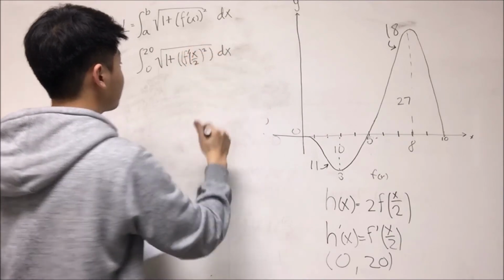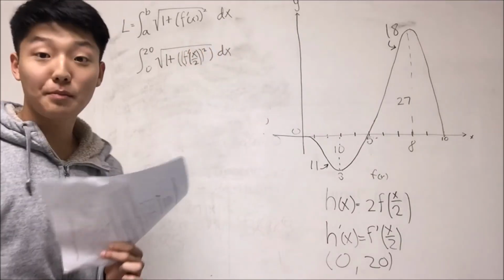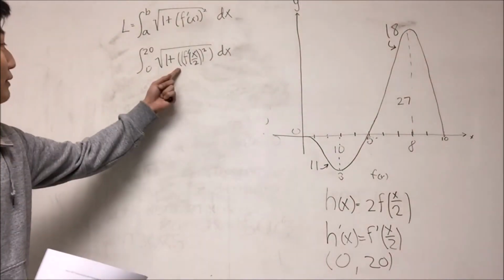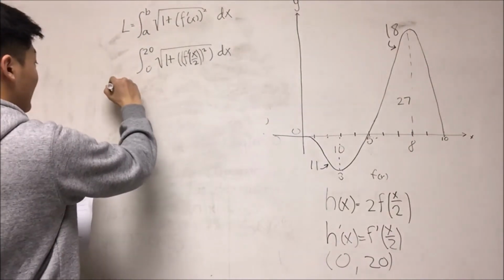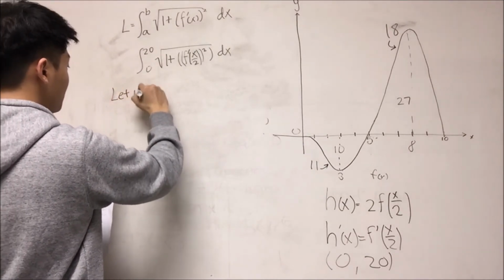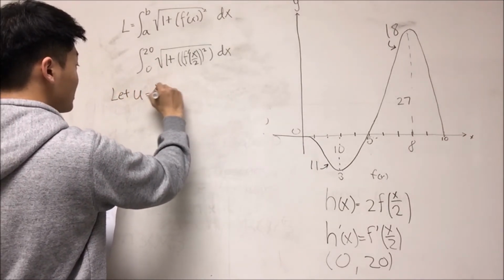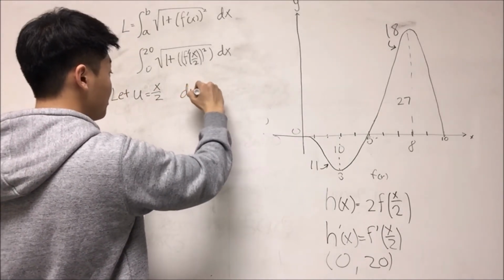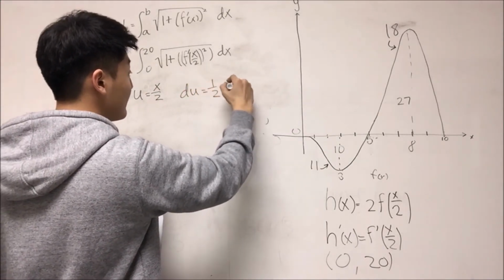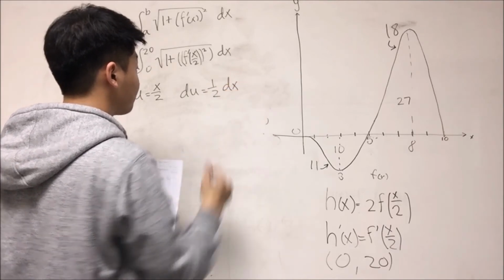And now your question might be, how can I integrate this? Let's use u substitution. Let u equal x over 2. Then, if we differentiate this, this will become du equal to 1/2 dx.